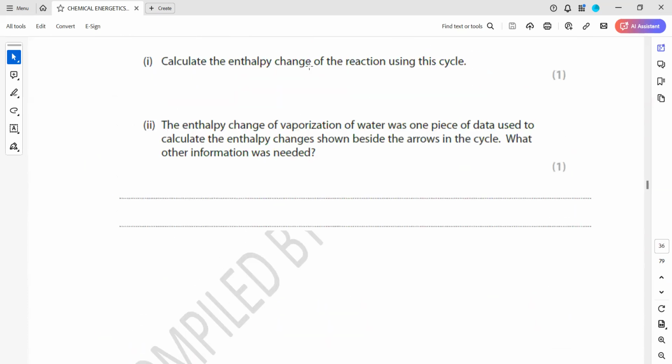So for this one, we require the bond enthalpies for hydrogen, carbon-carbon, oxygen-carbon, and hydrogen-oxygen bonds, because all these bonds are present in the reactants and products.